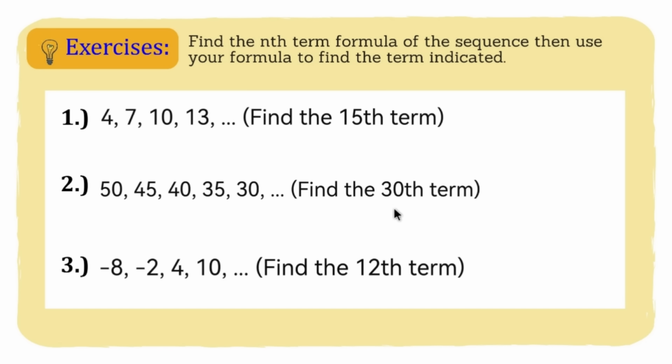And then for number 2, it's the 30th. For number 3, it's the 12th term. Okay? So, try nyo po muna and then mamaya, pag natapos nyo pong gawin ito on your own, I'm going to show you the solution para po may compare nyo at para po makita natin kung nagawa nating hanapin yung nth term. Alright? So, you can now pause this and then God bless po sa inyong pagsagot. You can just play later after answering.